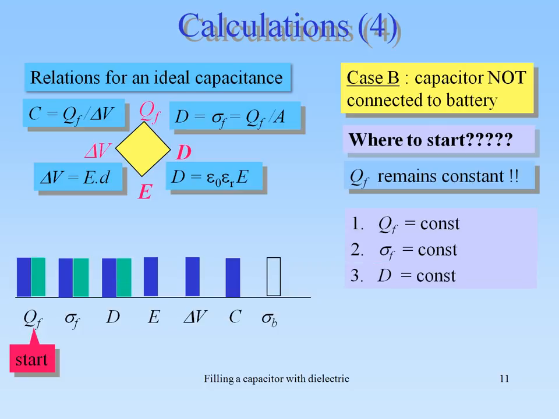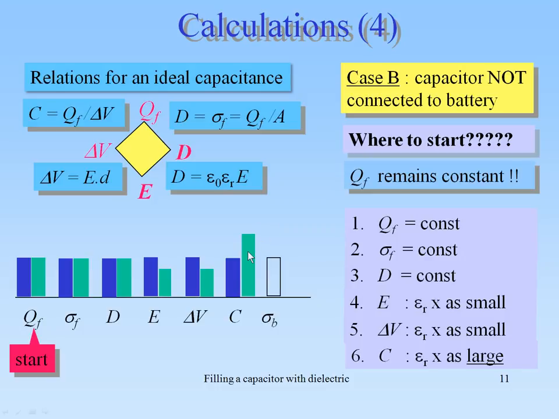This means that the D remains constant, but the E is epsilon r times as small, according to this relation here. This means that the delta V is epsilon r times as small. This means that the C is epsilon r times as large, because of this relation here. And this means that the sigma bound is minus 1 minus epsilon r times sigma free. So that's negative.